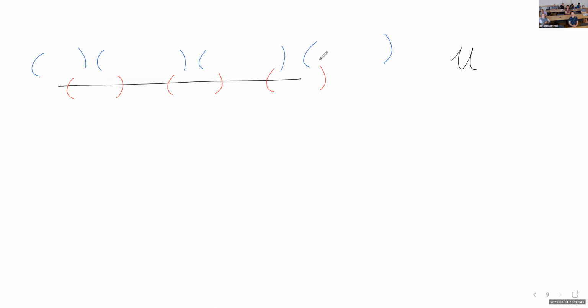All right, so now let's go back to the proof of nuclearity. In that proof, we assumed that X was finite dimensional.